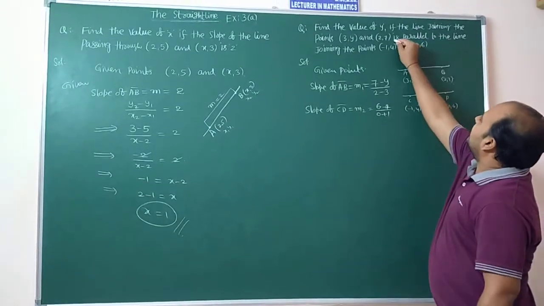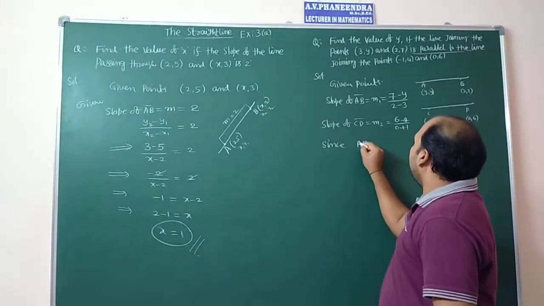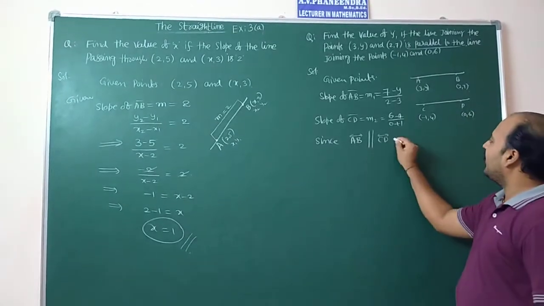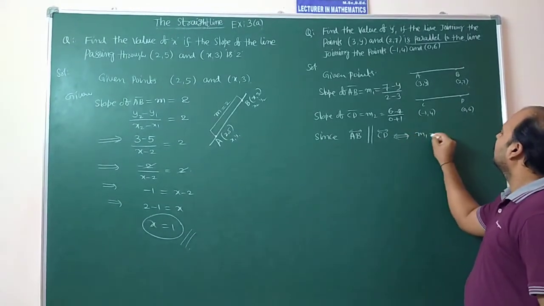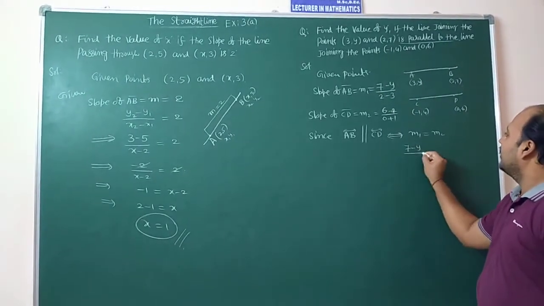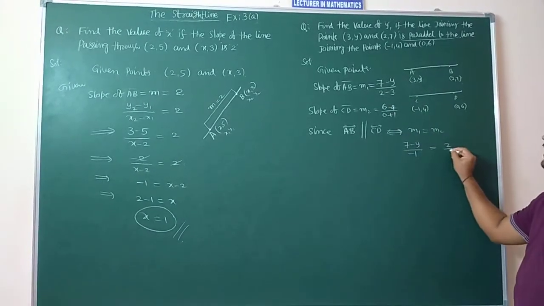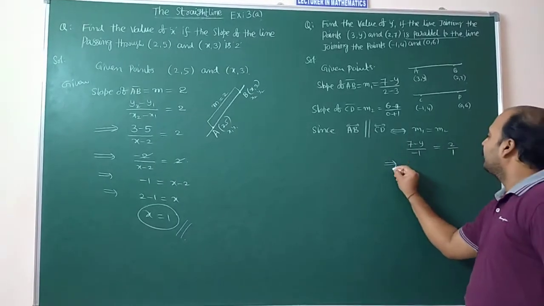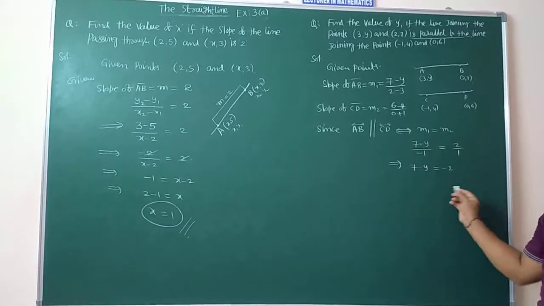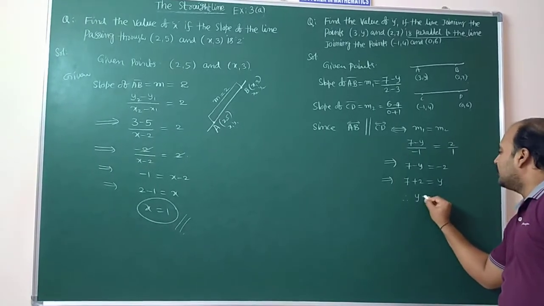Since AB is parallel to CD, and whenever lines are parallel their slopes are equal, m1 is equal to m2. So 7 minus y divided by 2 minus 3, which is minus 1, is equal to 6 minus 4, that is 2 divided by 1. Cross multiply: 7 minus y is equal to minus 2. Taking minus 7 to the other side, 7 plus 2 is equal to y. Therefore y is equal to 9.